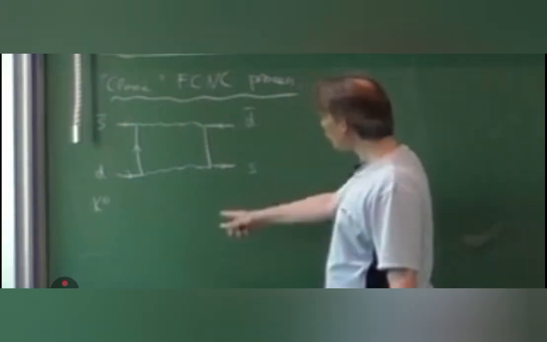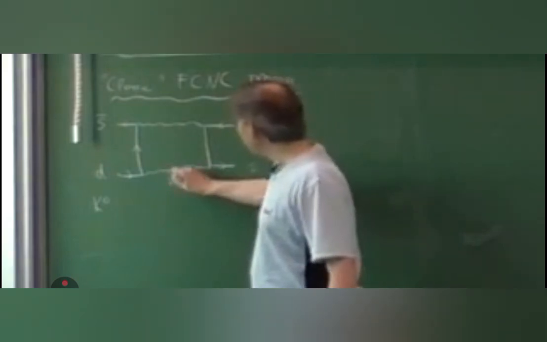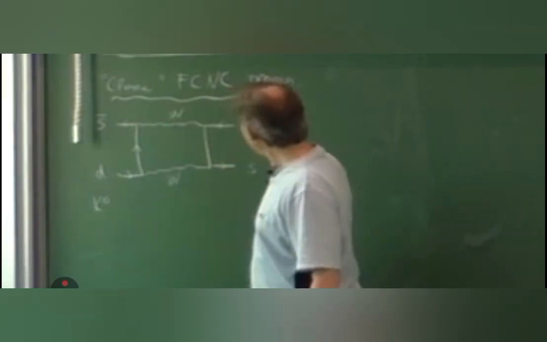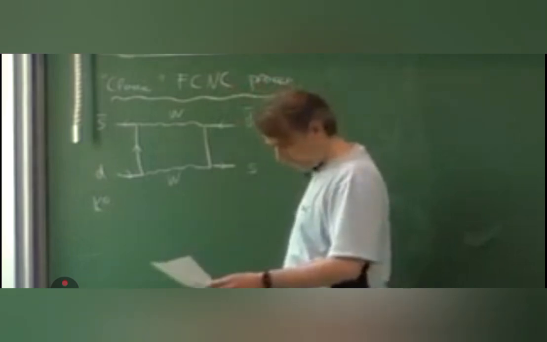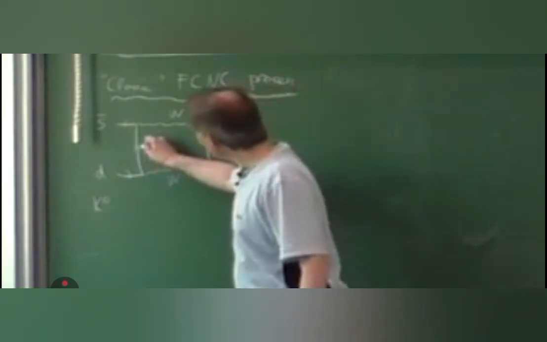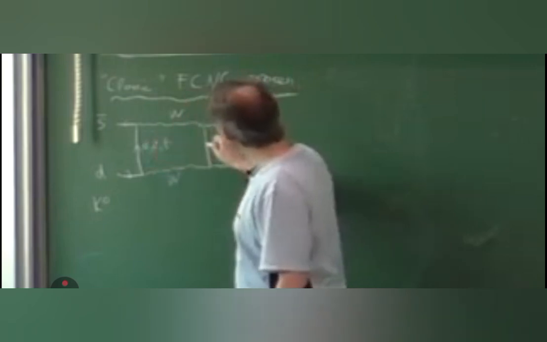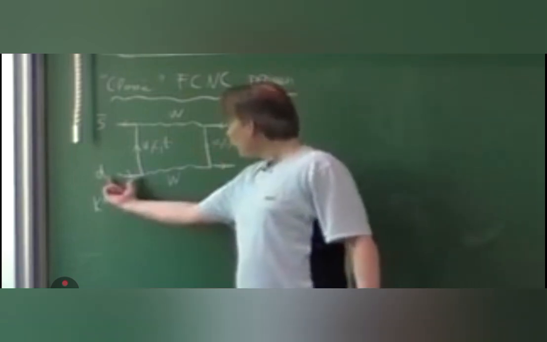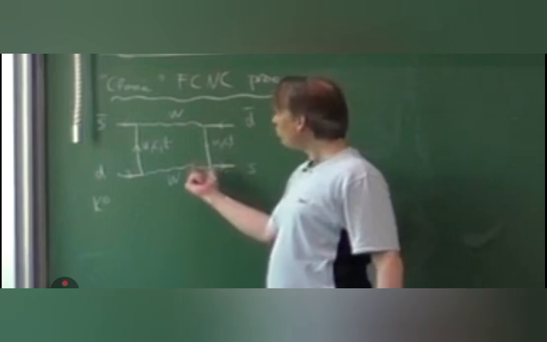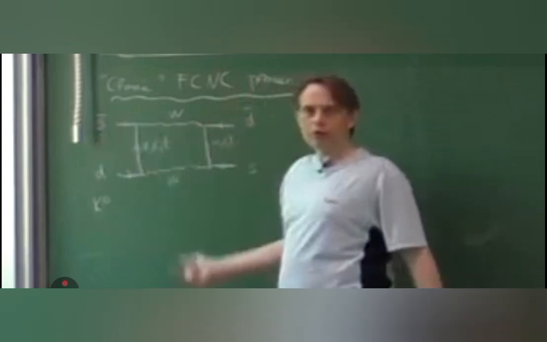And so you see that here you have, for example, W bosons, and here you have up quark, charm quark, or top quark, and here also up quark, charm quark, or top quark. And then the charges are conserved at each vertex, but you convert a down quark into a strange quark and an anti-strange into an anti-down quark in this way.